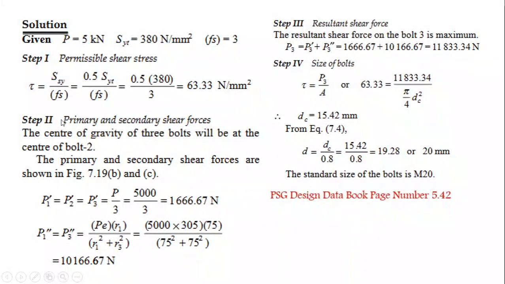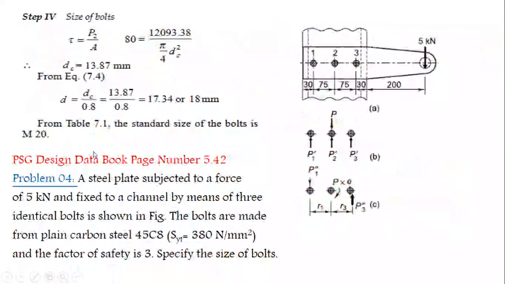And step 2. Primary and secondary shear forces. The center of gravity of 3 bolts will be at the center of bolt 2. This is the CG of the arrangement. In this 3 bolt arrangement, bolt 2 position is the center of gravity.